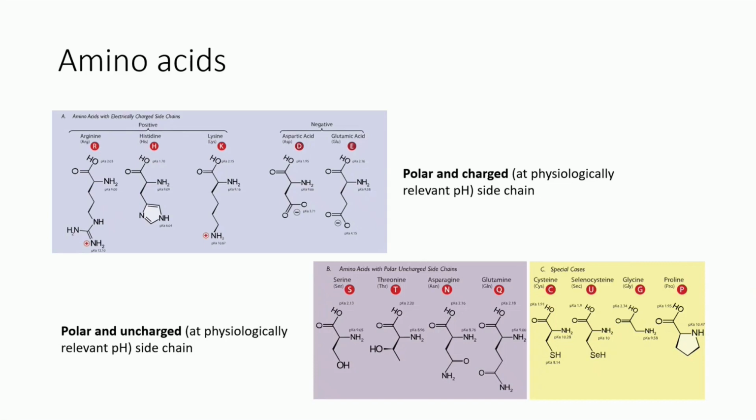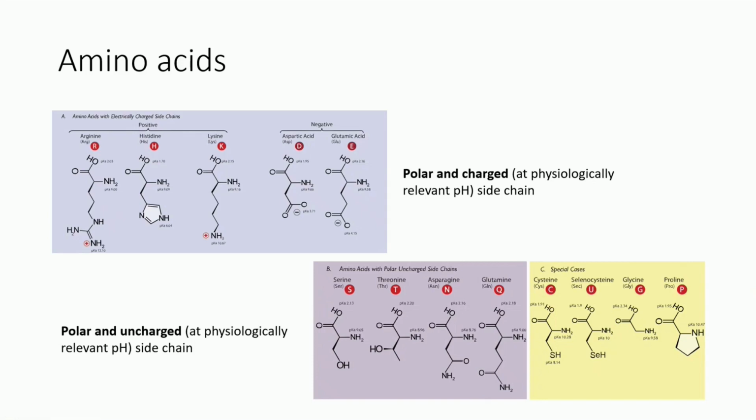Talking about the polar but uncharged amino acids, we can mention the hydroxylated amino acids, serine and threonine. And as for the other amino acids, these are the amide substituted amino acids, asparagine and glutamine.